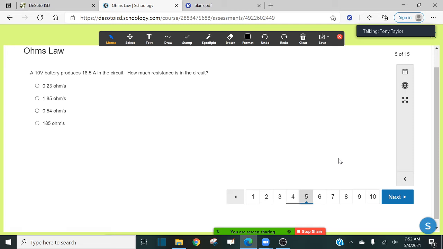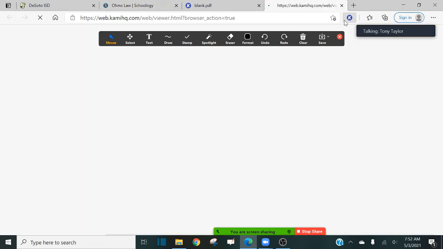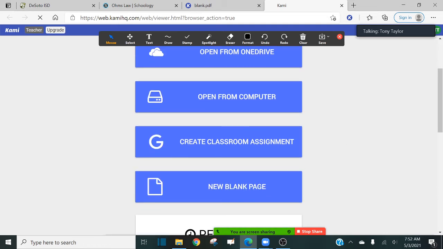Guys, let us look at this question right here. This question right here says a 10-volt battery produces 18.5 amps in the circuit. How much resistance is in the circuit? Okay, so here we're solving for resistance. So just so you guys know, whenever you're solving for resistance, this is what you guys will need to do.